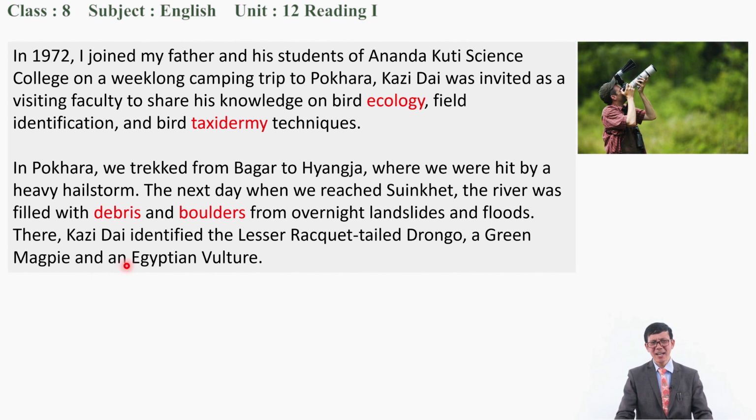There, Kajidai identified the lesser racket-tailed drongo, a green magpie, and Egyptian vulture. Okay, because Kajidai was the expert. He was the visiting faculty in the team, and he was describing these birds.